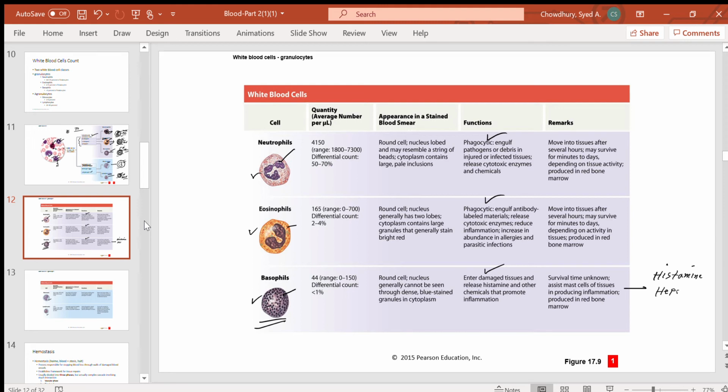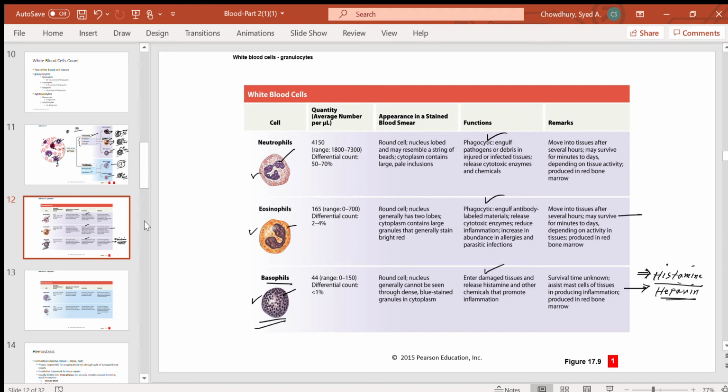Remember these two chemicals. Histamine causes inflammation, and heparin prevents blood clots. It is a natural anticoagulant. So these two chemicals are produced by the basophils.